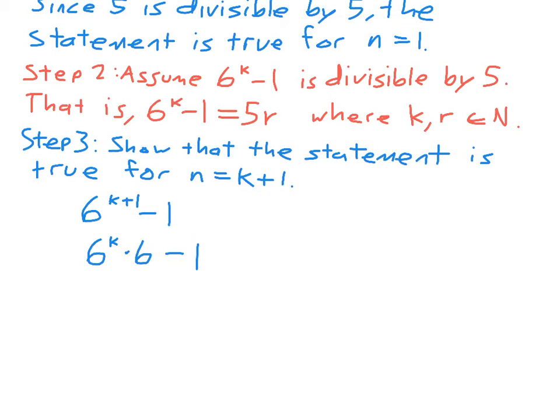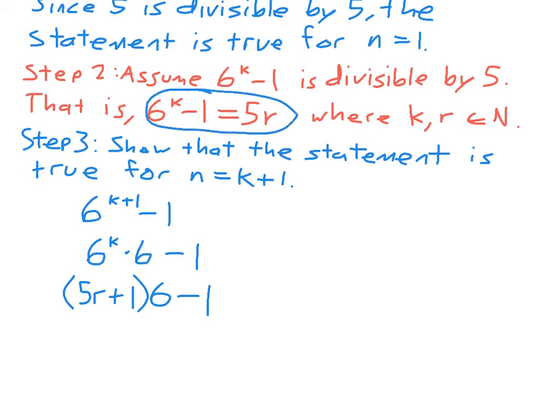Alright, now from step 2, we know that 6 to the k minus 1 equals 5r, which means that 6 to the k is equal to 5r plus 1. So I used this equation.